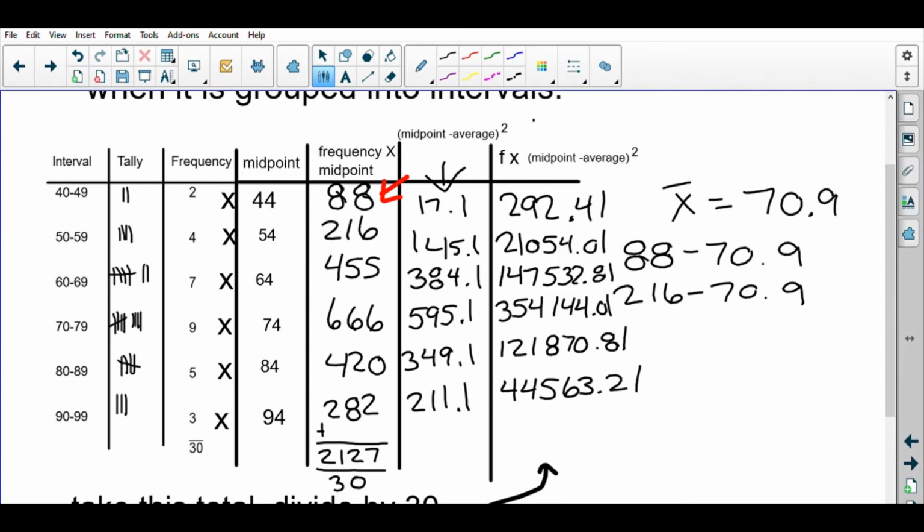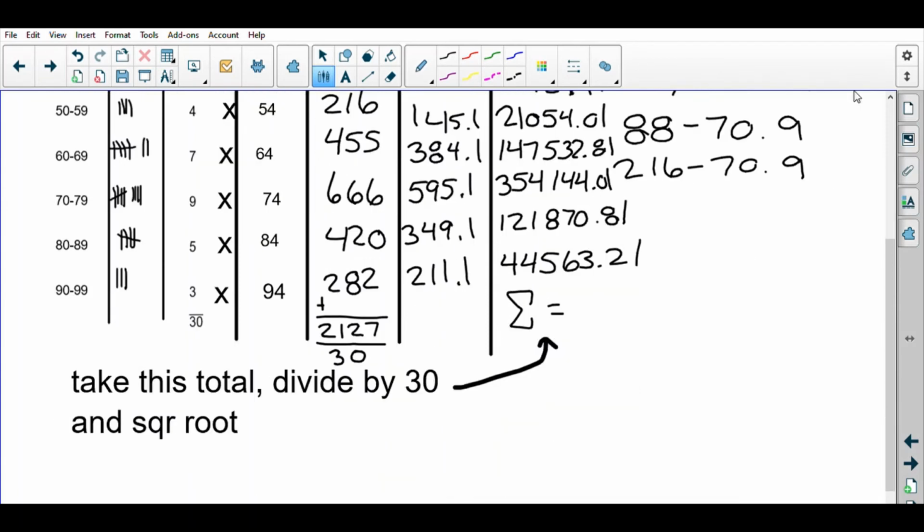Next step in my standard deviation equation, I need to take the sum of all these points. I'm going to add them all up in my calculator, and I get 689,458.26.